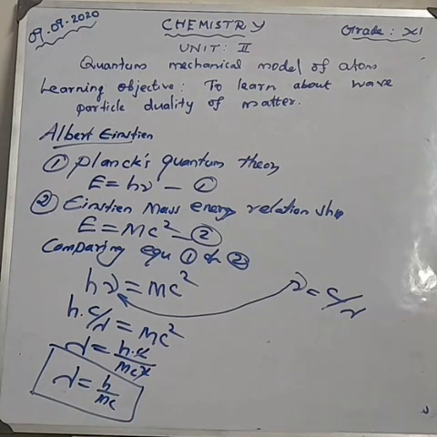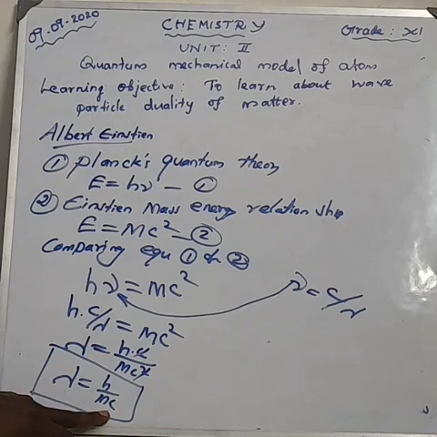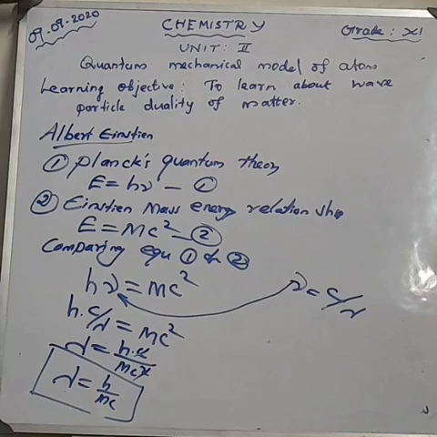Here lambda is the wavelength, h is Planck's constant, m is the mass and c is the velocity. Here the velocity c can be replaced by velocity v.